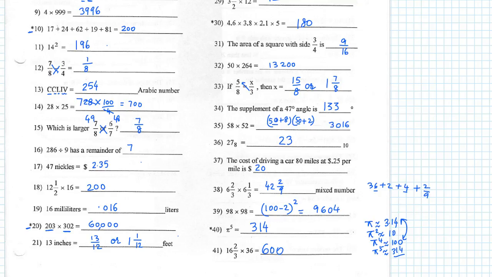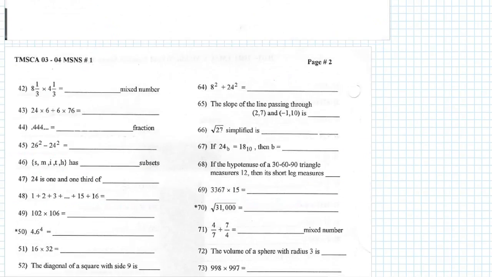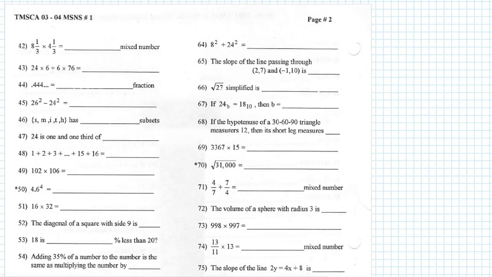Okay, let's take a look at the next question. Question 42. What is the product of 8 1/3 and 4 1/3 in mixed number format? So 8 times 4 is 32. 8 times 1/3 is 8 by 3. And 4 times 1/3 is 4 by 3.